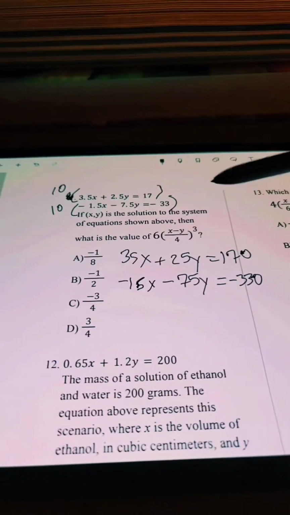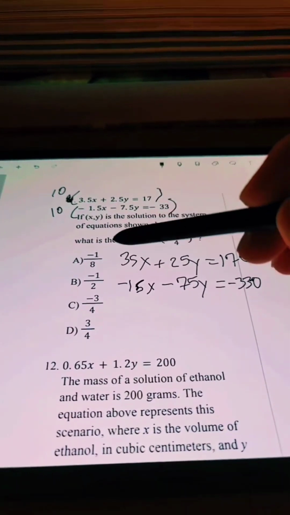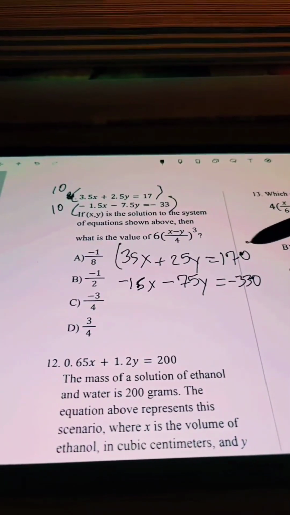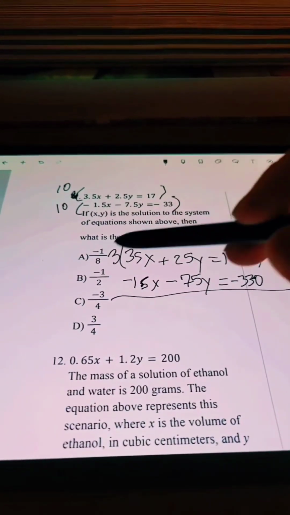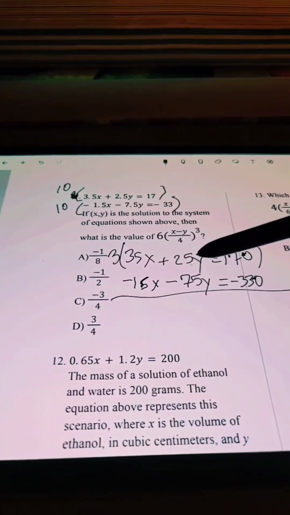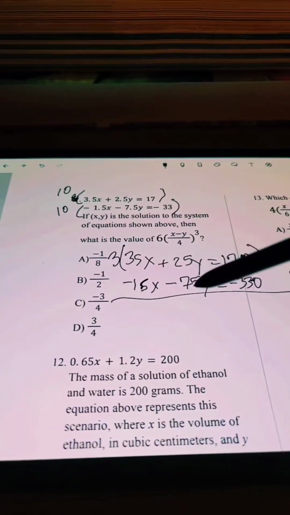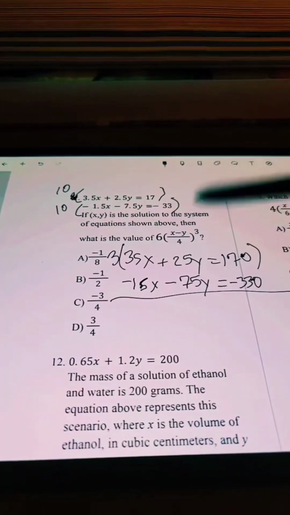For this one, I'm going to do elimination. And I'm going to multiply this by 3, because then 3 times 25y is going to get me 75y, and I see that I can cancel out the y values when I do that.